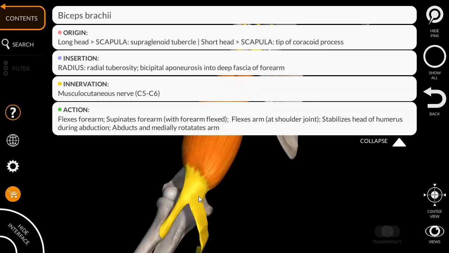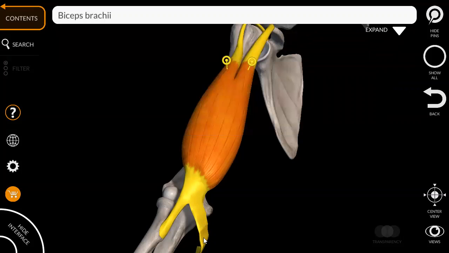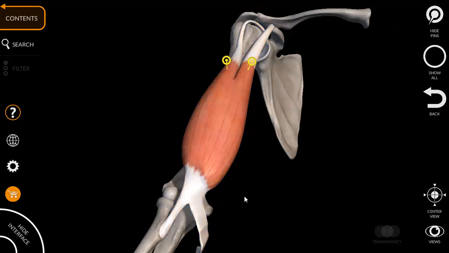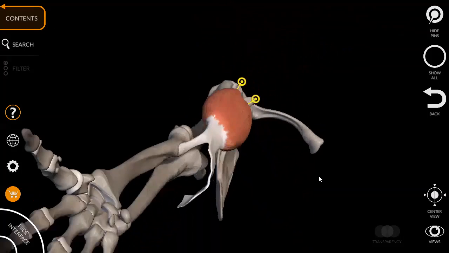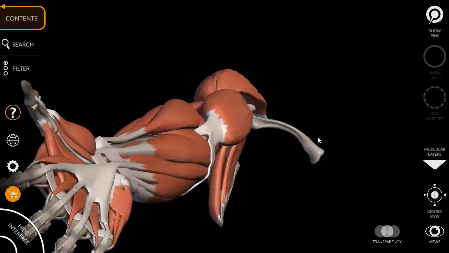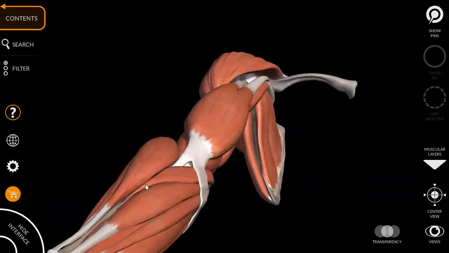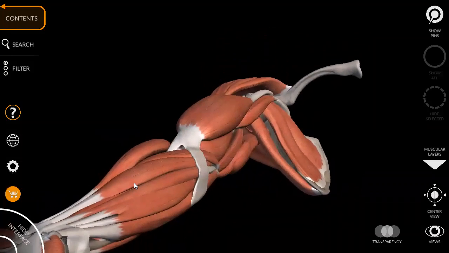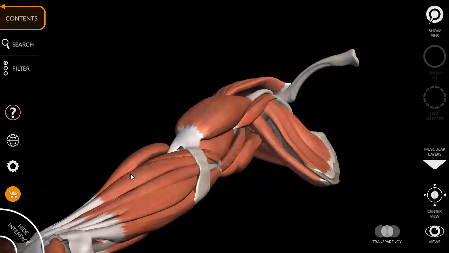So this part connects the other muscles in the lower arm, and it encircles a lot of muscles here.